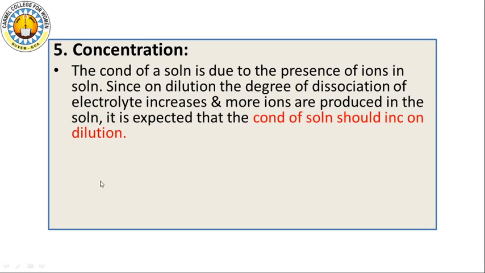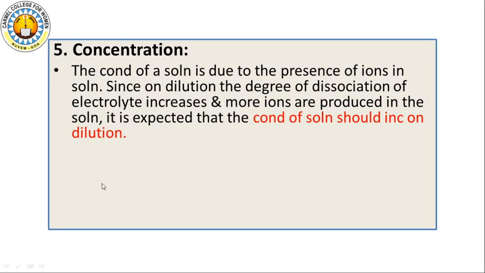The next factor is the concentration. The conductance of a solution is due to the presence of ions in the solution. We all know that. And on dilution, the degree of dissociation of the electrolyte increases. You remember I had put it as number 2 somewhere in one slide. When you dilute the solution, there is more ionization, more dissociation taking place.